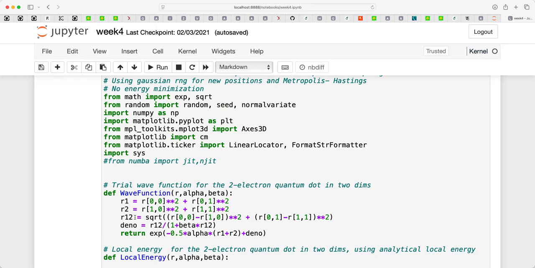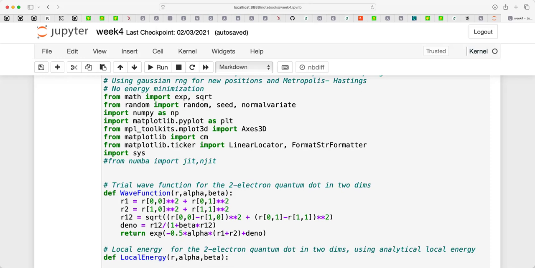Then I also set up the distance between the two particles, the relative distance. And then I calculate the denominator in this specific equation I have for the trial wave function, for the correlated part of the wave function. This is nothing but the single particle piece, and then I add the denominator here. Just pay attention that I don't calculate the exponential twice.